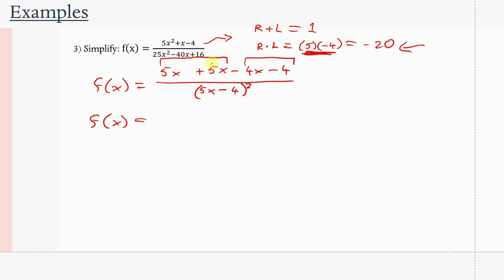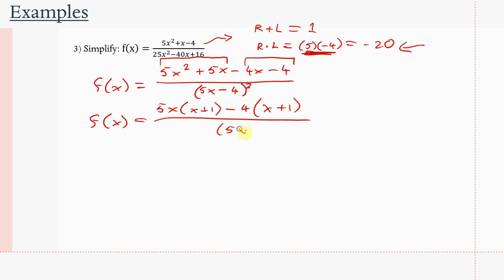So from the first two terms, we can factor out a 5x, I forgot an x squared here, excuse me. We get left with an x plus 1. And from the other two terms, we can factor out a negative 4, and we get left with an x plus 1 as well.